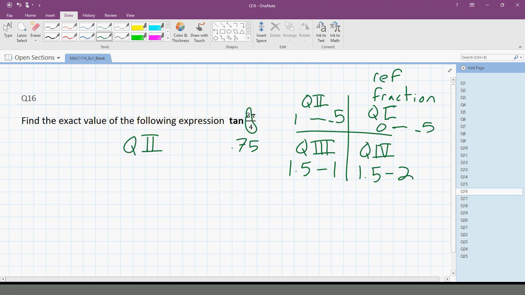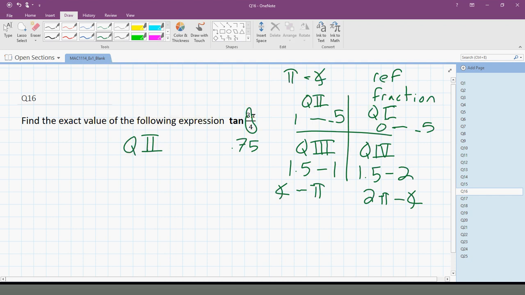If you're in quadrant 2, you need to take pi minus the angle. If you're in quadrant 3, you'll take the angle minus pi. And if you're in quadrant 4, you need to take 2 pi minus the angle. That was the chart that I gave you in class that helped you figure out reference angles.